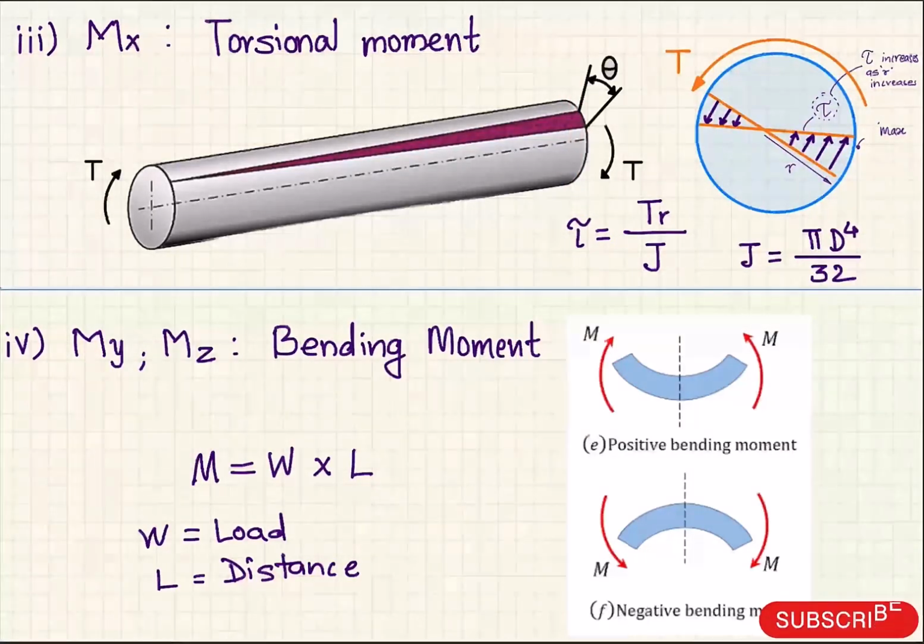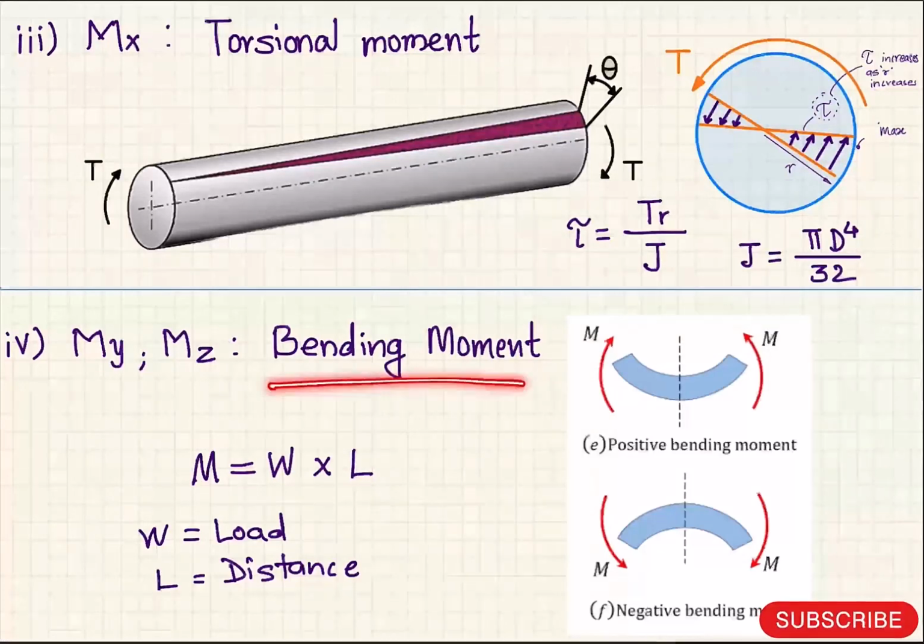So the primary effect of the torsion moment is to cause rotation of different cross sections of the member with respect to each other about the polar axis. This rotation is called a twist. So the molecule at this point, when it travels a distance up to this point, is called a twist in the body. So this is a torsion moment.